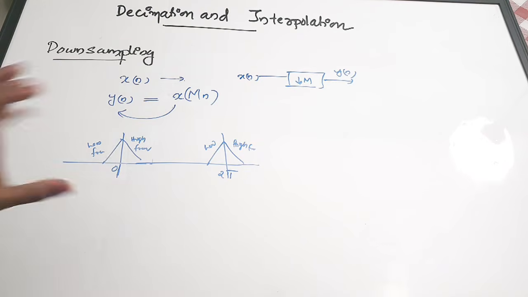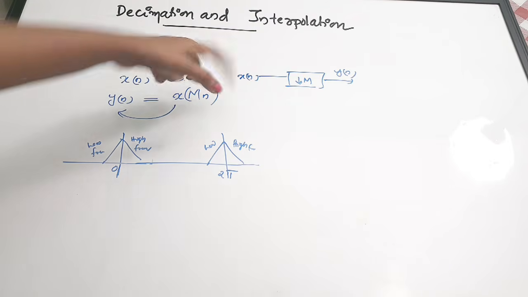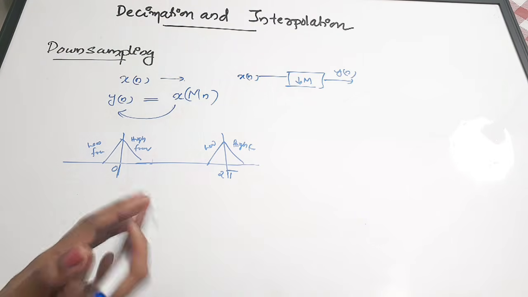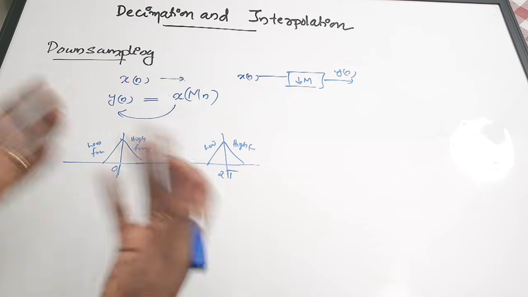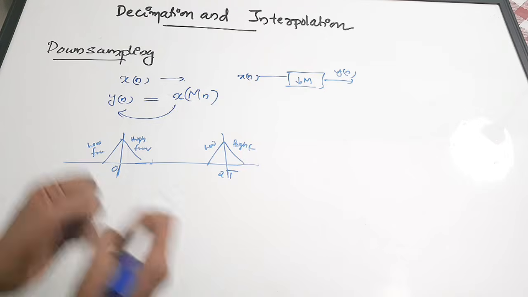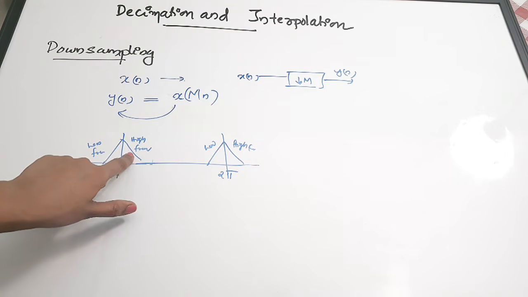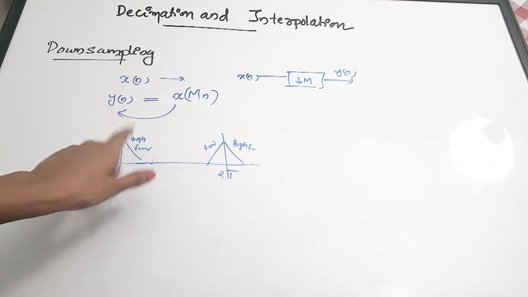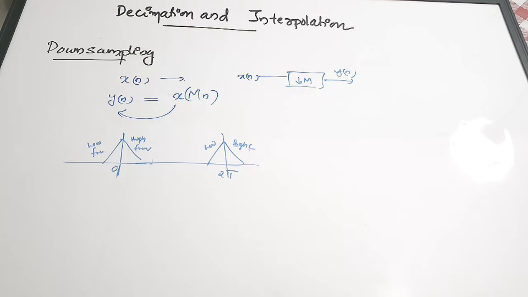Now in downsampling, what we are going to do is ignore some of the samples from your original x of n. Some of the samples in between two samples are going to be ignored. Due to this ignoring, or the taking away of the samples in between, the higher frequency components will combine or overlap with the lower frequency components. Due to this process, a very famous phenomenon happens, which is called aliasing.